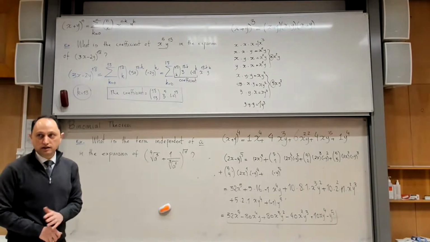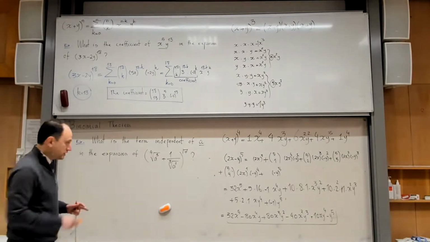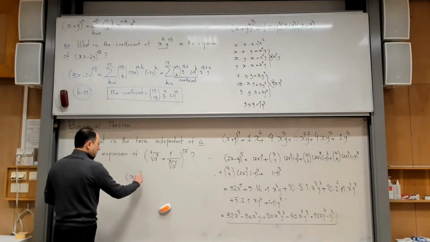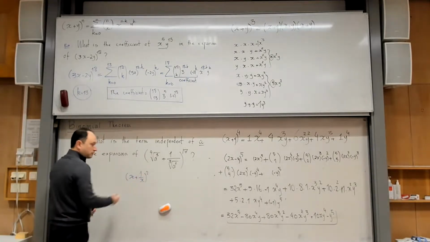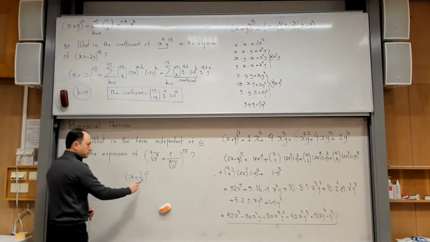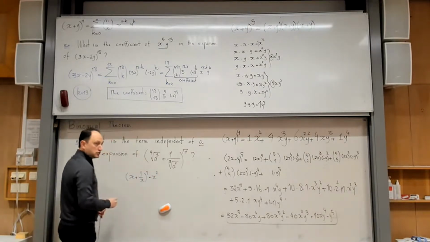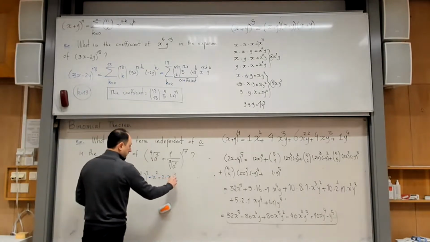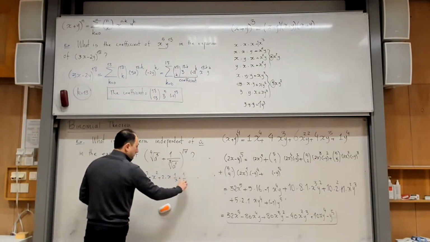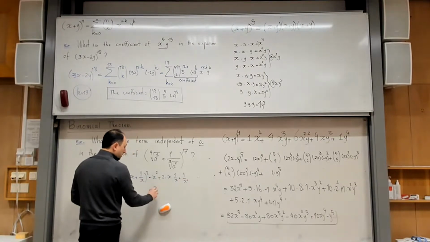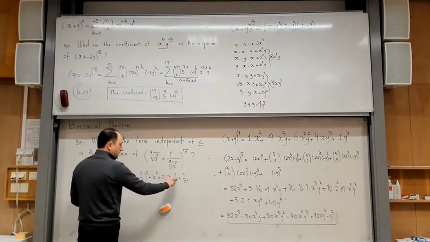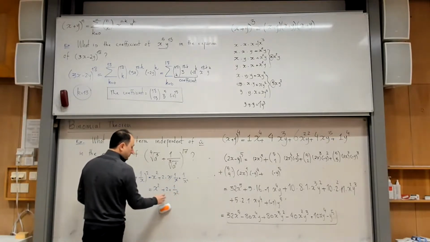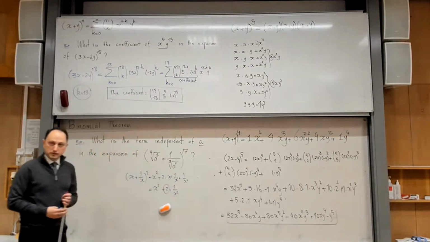Yes? Is that clear? So for example, if I give you x plus 1 over x to the power of 2, it's a Math 2C problem. This becomes the first one squared, 2 times the first one times the second one, and the second one squared. But then look, if I simplify everything, this x and that x are cancelled, so what I get is a term in which x is not involved at all.